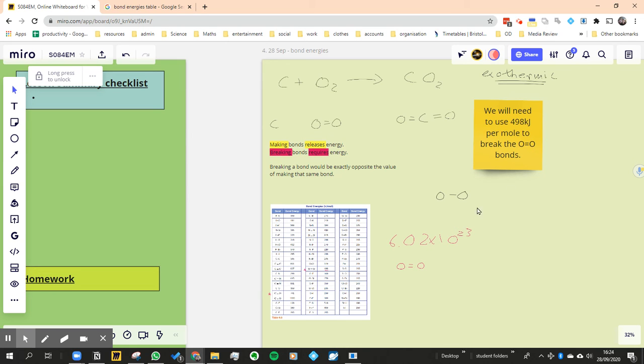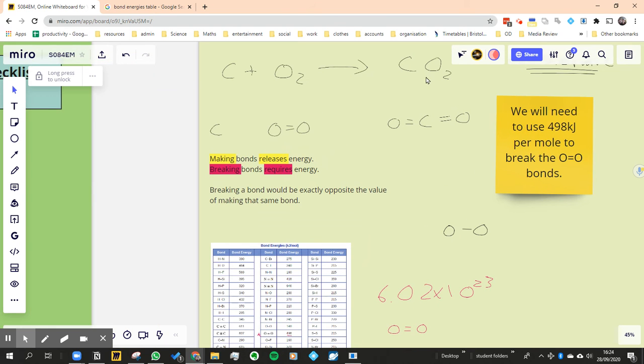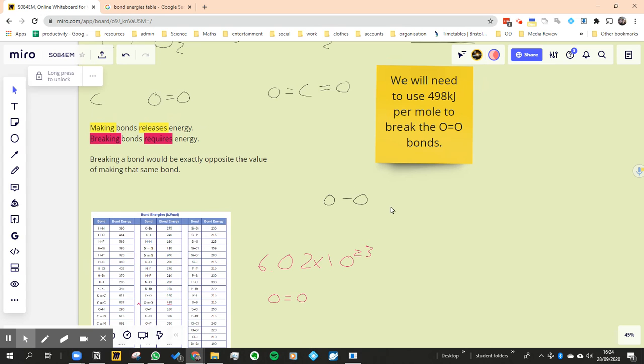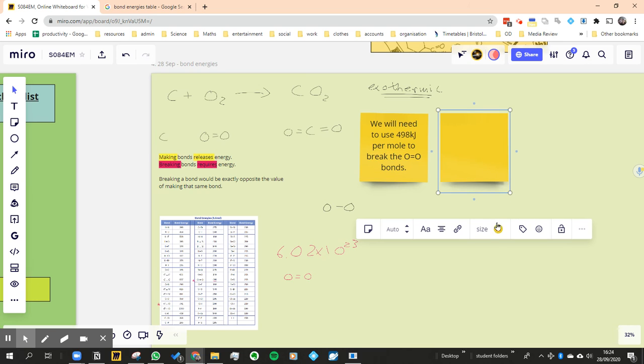And then when we do, although we're going to make 1 mole of that, notice that each molecule is going to have 2 of those. So we're actually going to be making 2 moles essentially of these bonds here. So we're going to produce, let's make that one green.